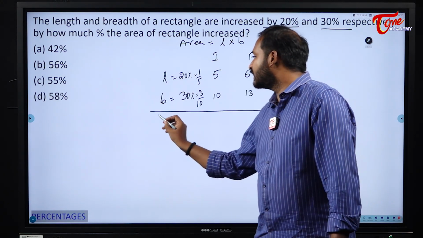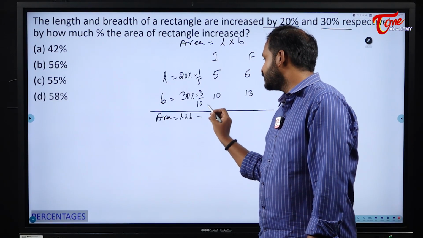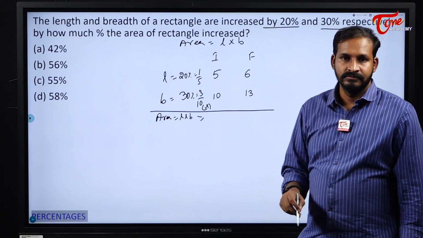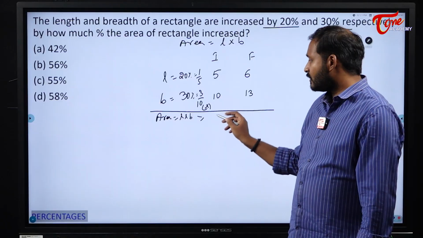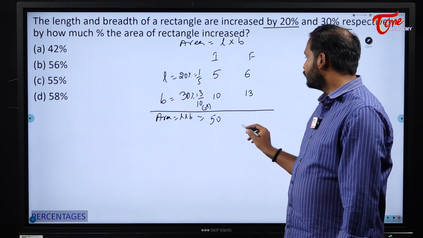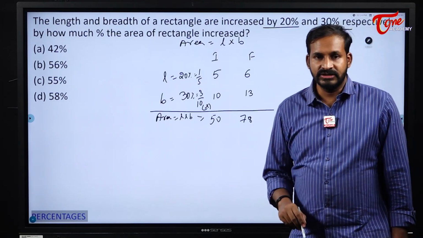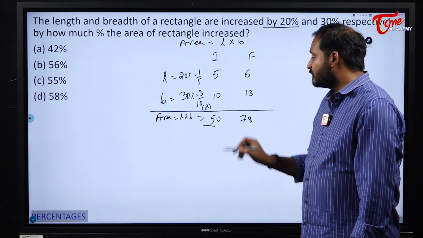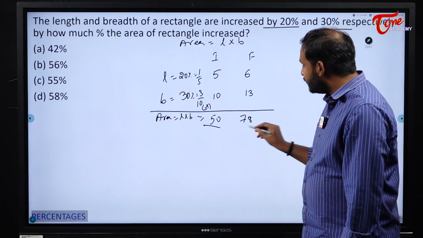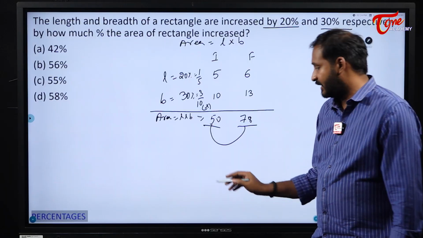Usually how will we calculate our area? Area is nothing but length into breadth. That means you need to multiply these two things. 5 tens are 50, 6 thirteens are 78. So the actual value is 50, and after the increase it became 78. What is the increase in value here? 28.